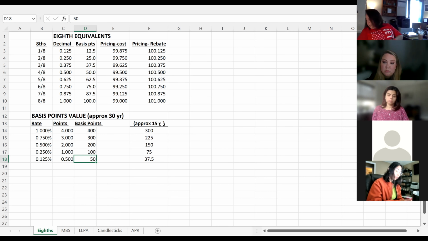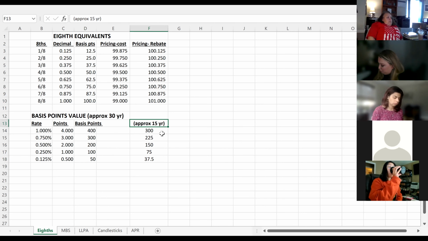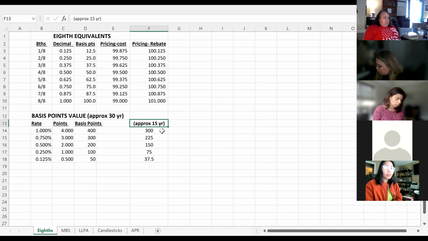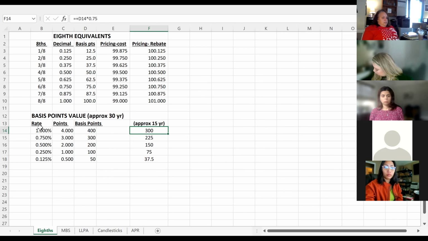On a 15-year, and this is also true on an arm rate, the whole thing is compressed. Everything is pushed down so that you don't get as many basis points to 1%. It's 300 basis points to 1% instead of 400 on a 15-year and an arm.